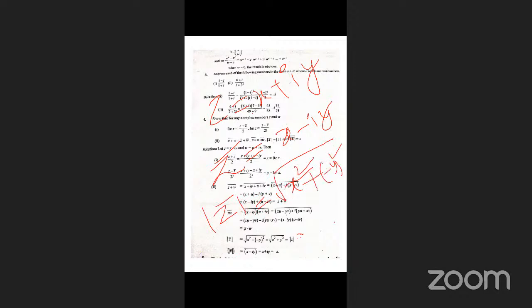So that becomes root of x square plus y square, which is nothing but mod z. So from there we can say mod of z bar equals mod z. So this is the concept.